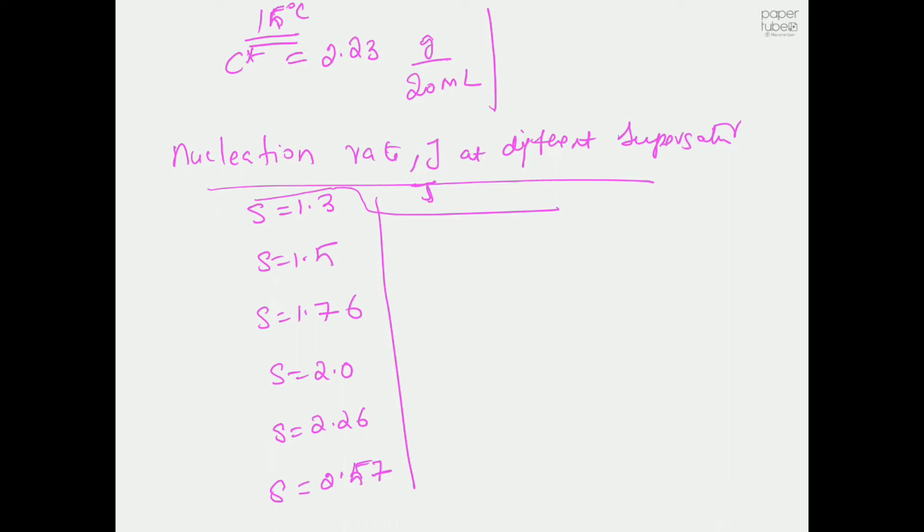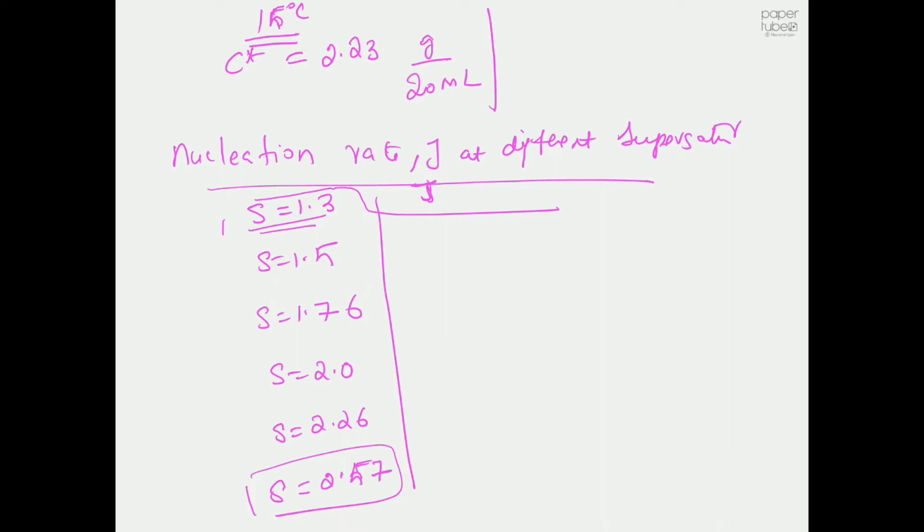Why we need to do this, we will understand at the end of this experiment, once we finish our calculations. So what's the effect of your initial supersaturation on the nucleation rate? Normally the rule of thumb is, the higher the supersaturation, the higher the nucleation rate.